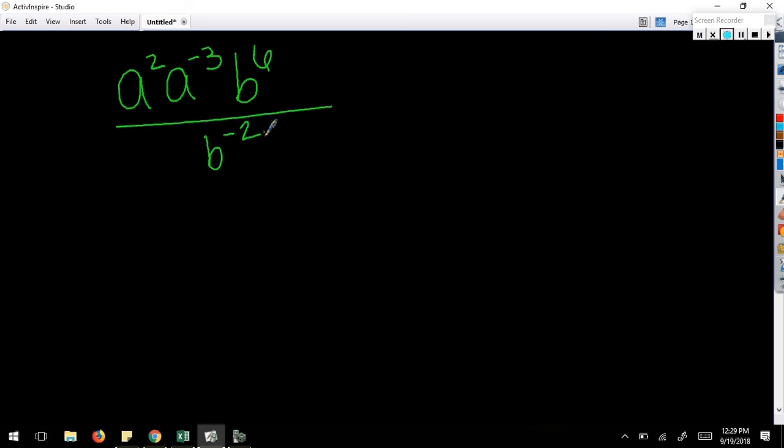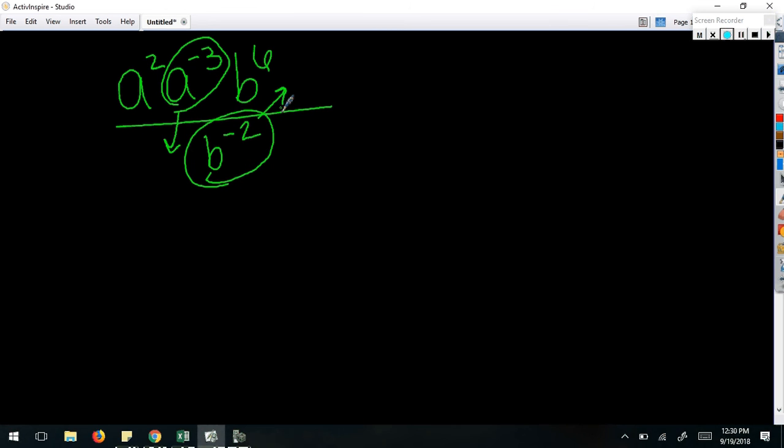So we're simplifying this. So y'all tell me, what property jumps out at you first? You move them. Everybody says the negative. Let's do that then. So this one's going down. You put the B up top, do you add 2 and 6? You're going to add. All right, so up top, I have A2.